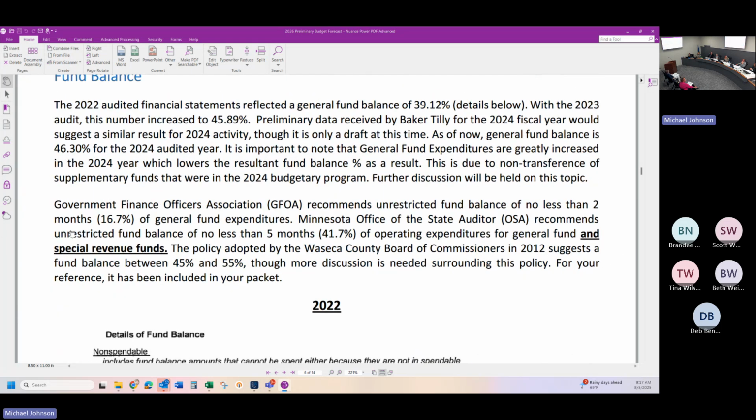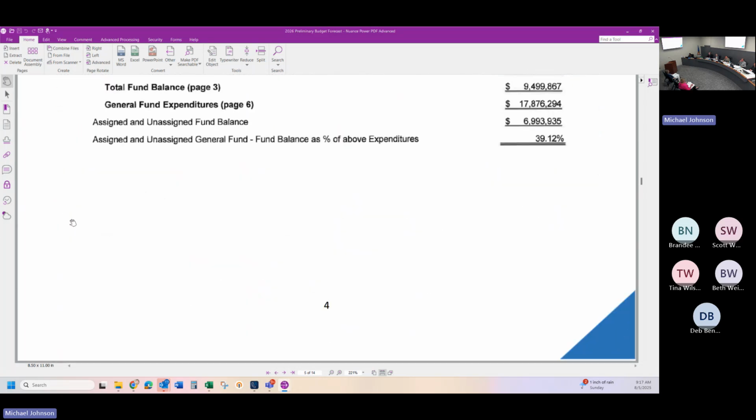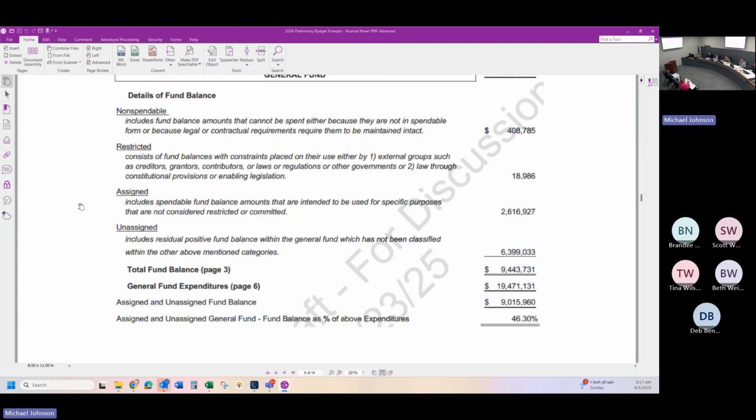We'll talk a little bit about fund balance in terms of general fund. This will be another talking point and perhaps an argument for leaving August 12th on your schedule, because this can be kind of a rabbit hole in and of itself to actually do some due diligence and understand what drives this. But for now, I at least wanted to get you some information for 22, 23, and what is drafted as proposed for 2024, which is not yet finalized.